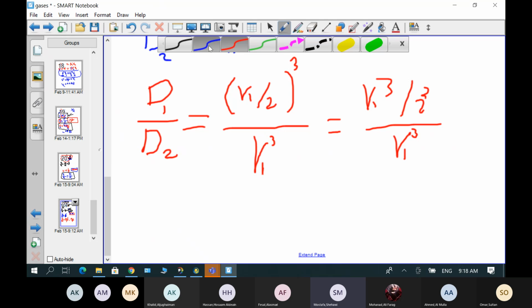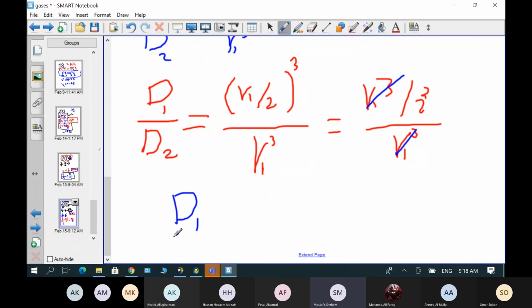So what would we have? We'll cancel R1 with R1, and 2 to the power 3. So we'll have that density 1 to density 2 equals what?